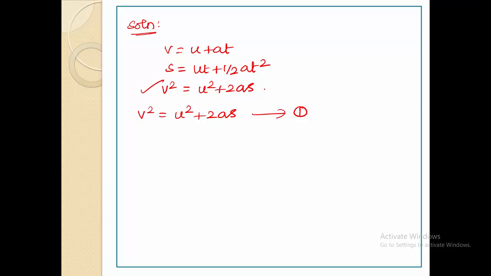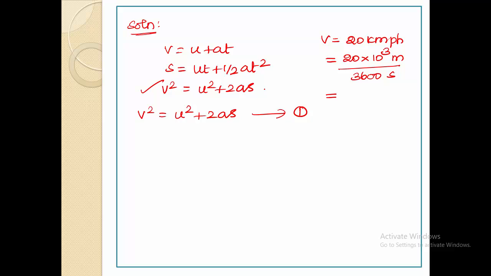For the first condition, the final velocity v is 20 km per hour. To convert kmph to meter per second, we multiply by 10 power 3 and divide by 3600 seconds.